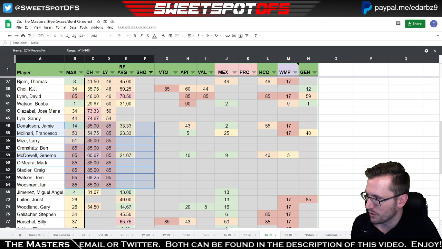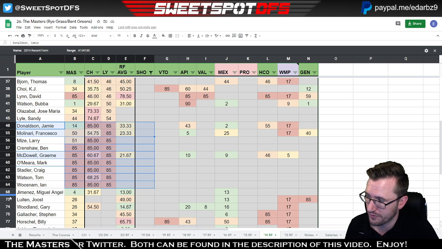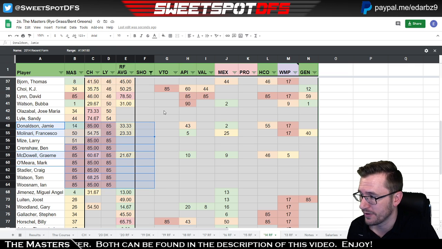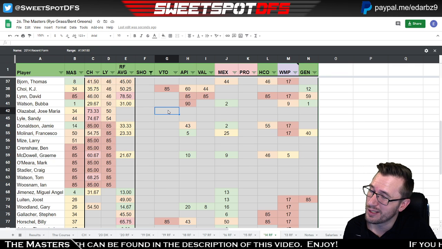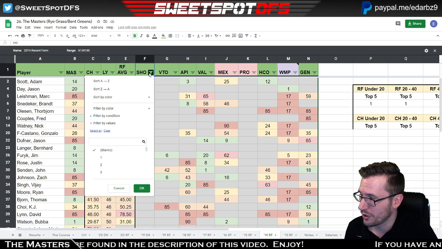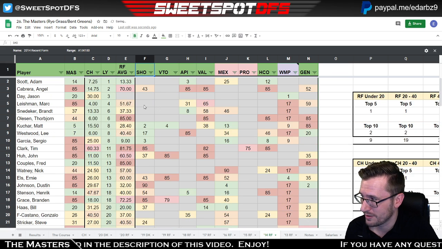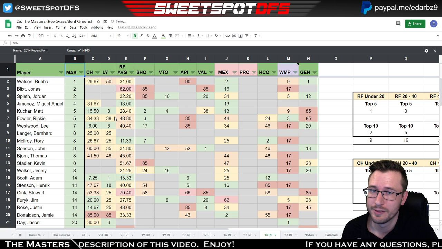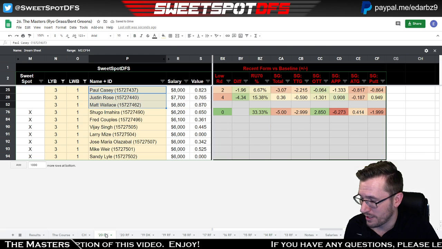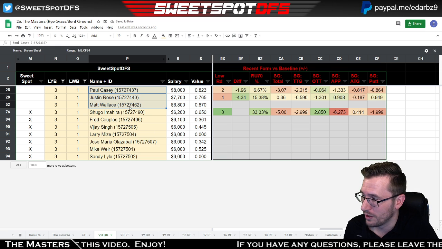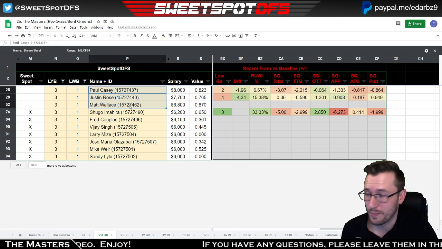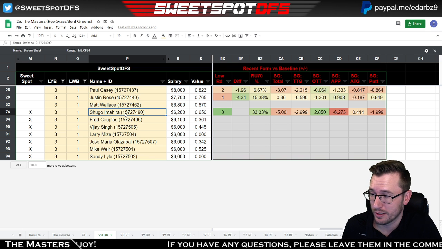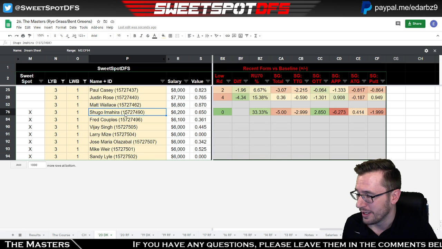Crenshaw, Mize, old. You basically had a player pool of 3 yet again. And Donaldson finished 14th. So if that wasn't enough to prove to you guys that you do want to look at 3-1s, I don't know what is. So I like this quite a bit. And maybe now Imahira's in play because he's not old. I don't know.